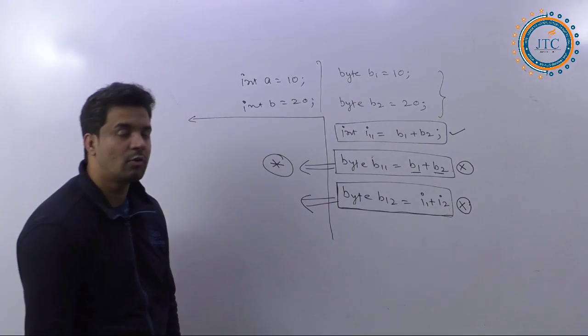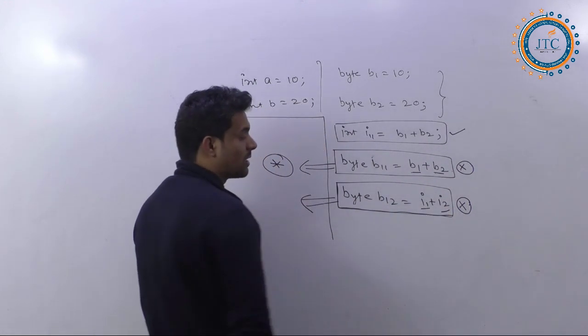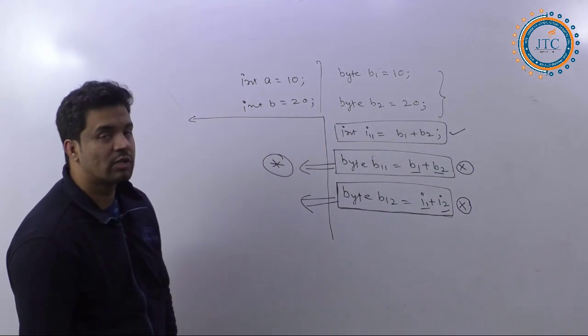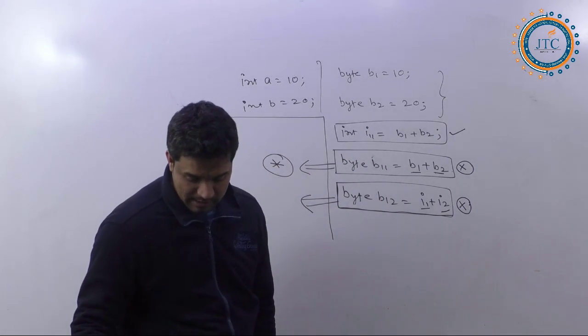You can tell why this is not allowed, because this is an integer type. Int plus int I am adding, and we cannot store it inside the byte. Why? It is a larger data type. You may say something like this, right?